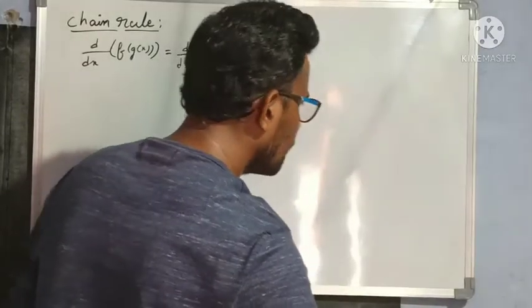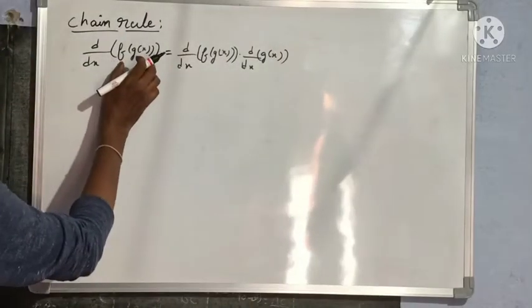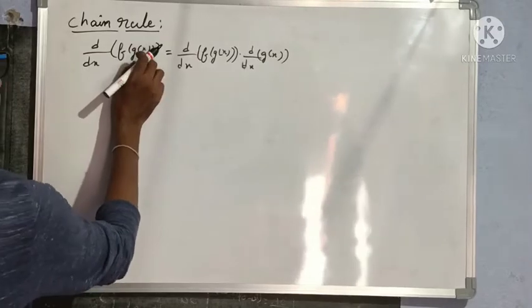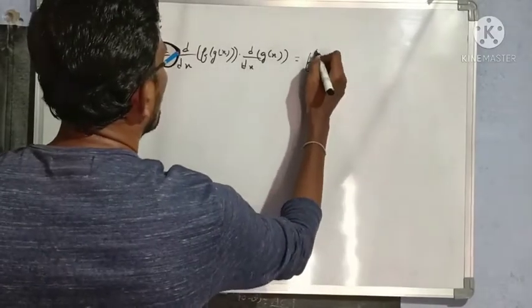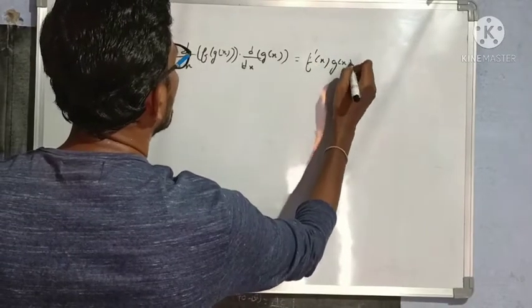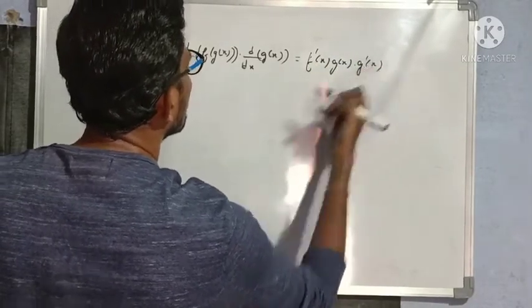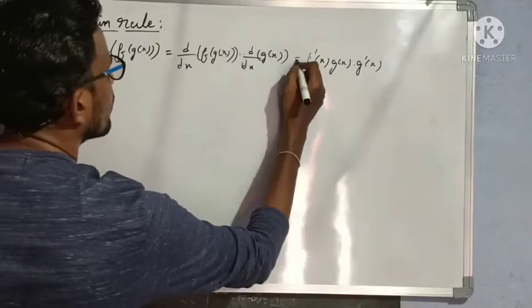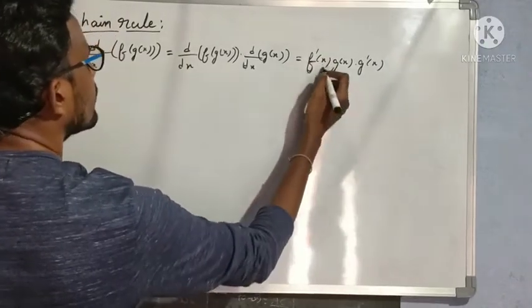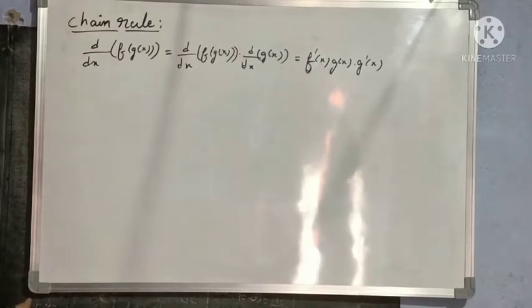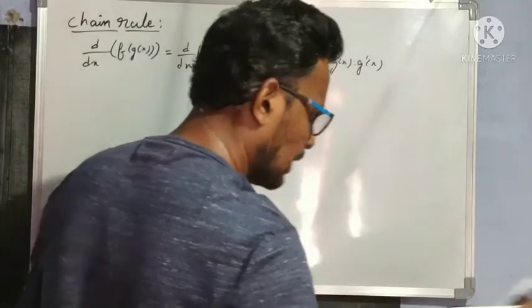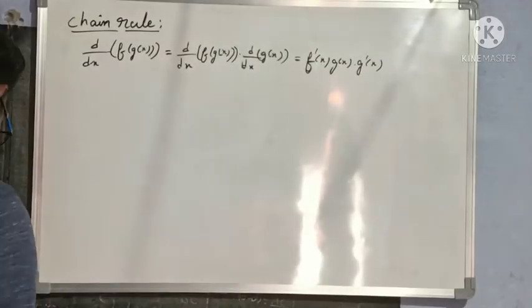So first we need to do outside function differentiation, afterwards again inside function differentiation. So this we can write as f dash of g of x into g dash x. Okay, this is the shortcut formula. Now let us see some examples related to chain rule, then you can understand more clearly.